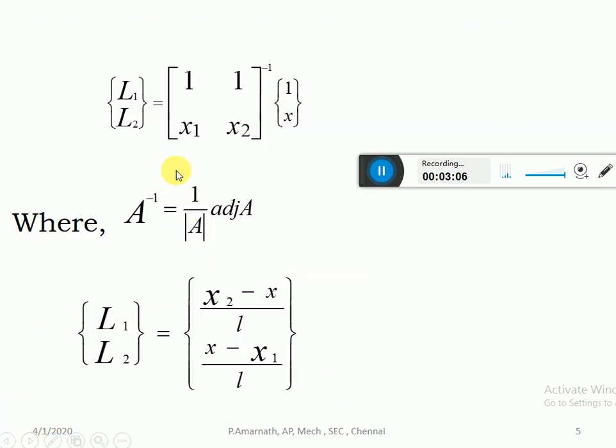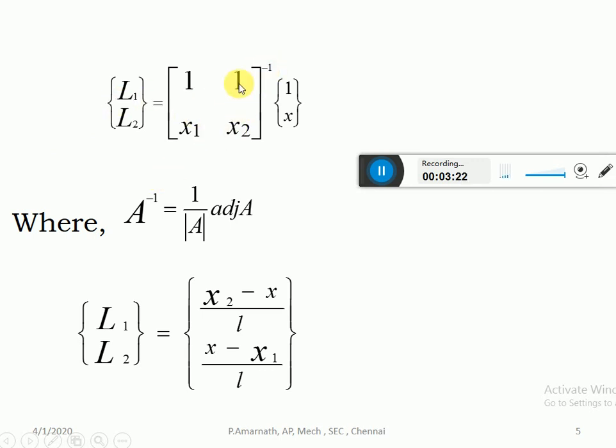Next we can find the values of L1 and L2. Bringing the matrix from the left hand side to the right hand side, we get an inverse.